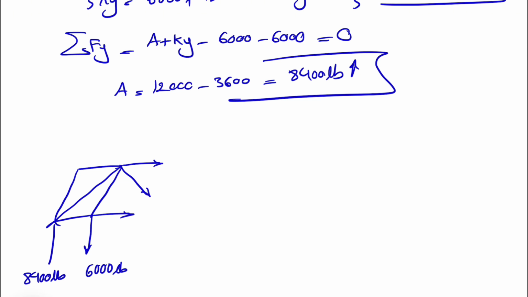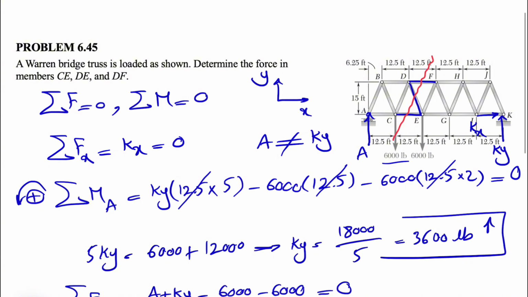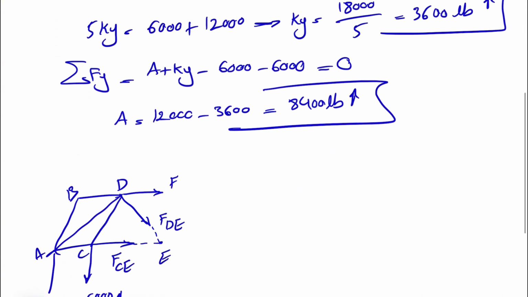Let's just go with this. If we get the negative sign at the end, that shows that the direction was incorrect. So we have A, B, C, D, and if we continue these two, we'll get to the point E. So this member is FCE, this member is FDE, and here, the right point here, we have F, so this force is FDF.